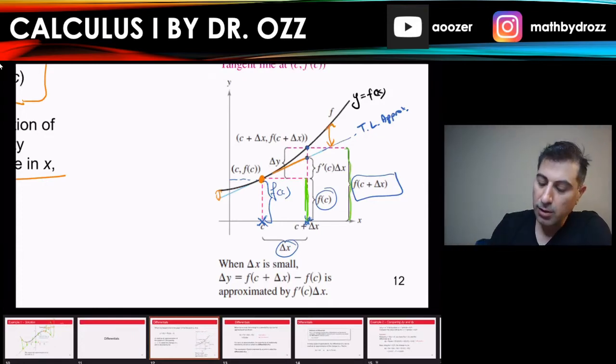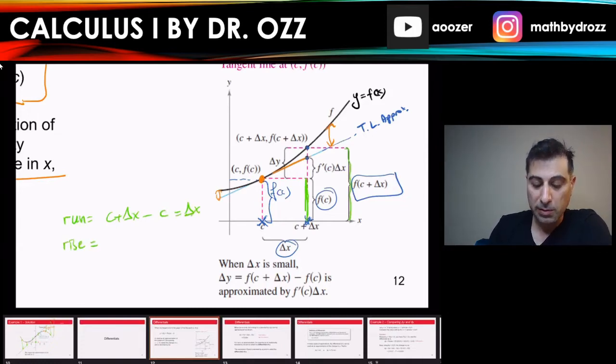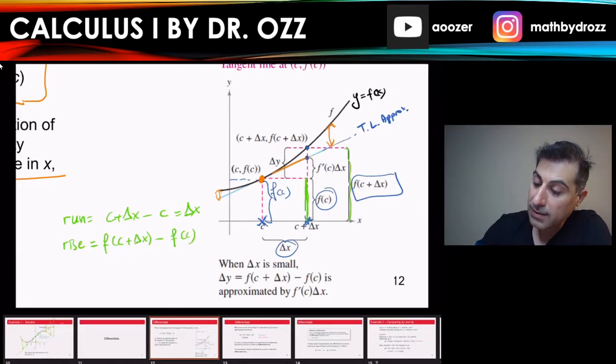So in other words, if the run is c plus delta x minus c, which is delta x, the corresponding rise will be f of c plus delta x minus f of c, which is in fact, let me just clean this part a little bit.